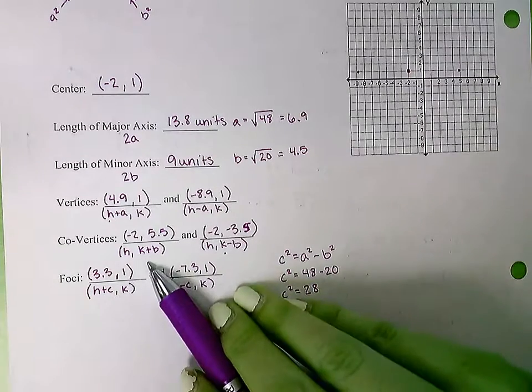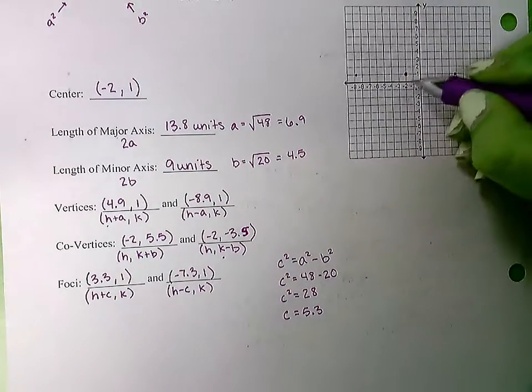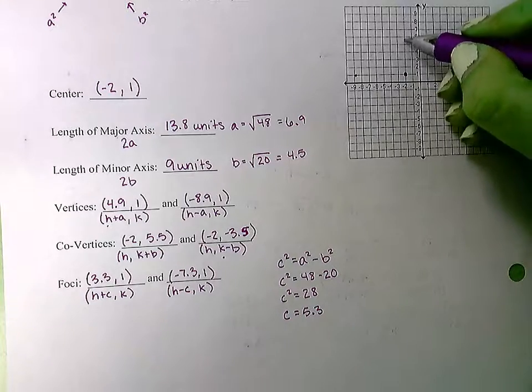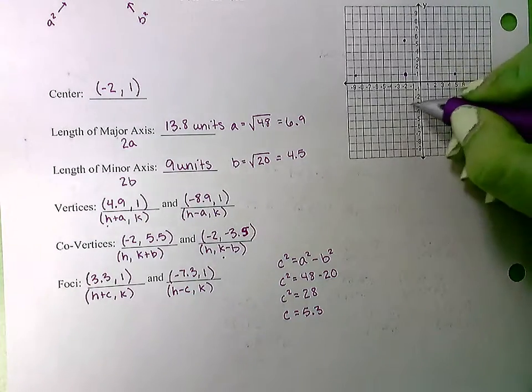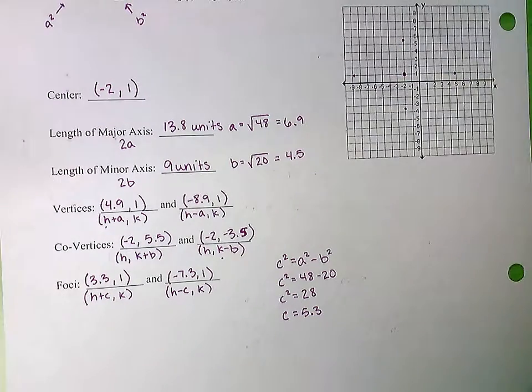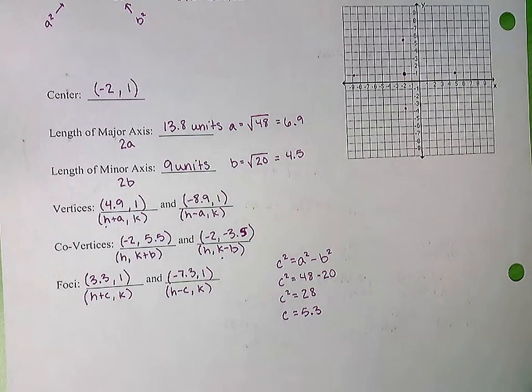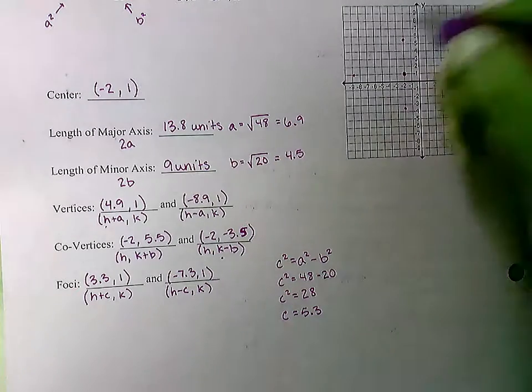Plot your co-vertices, since you need those two. That's at -2, 5.5 and -2, -3.5. Then I can connect all four of those, making that oval shape.